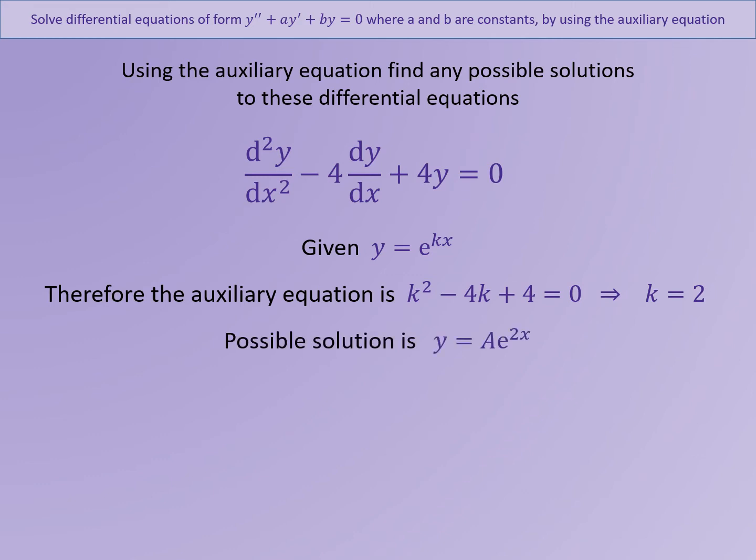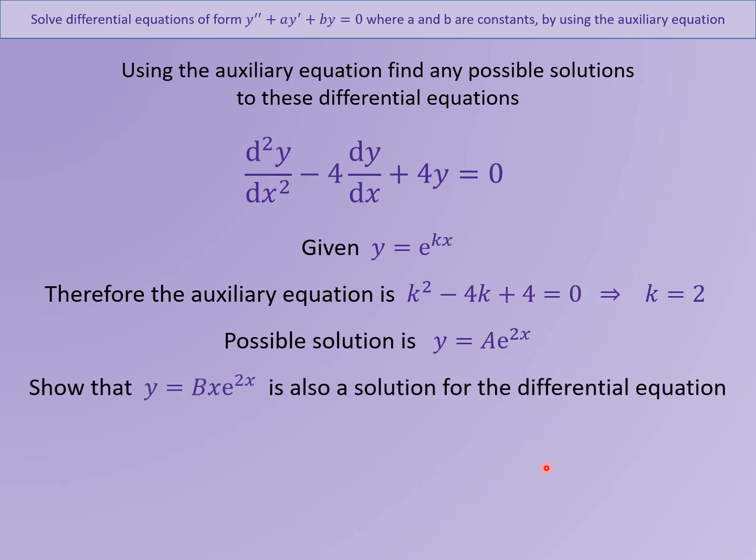But we've seen this hint before, that when we had a particular integral in a previous lesson that was very similar to the form of the general solution, we could do something. And you could do the same trick with this. Because we've got two equations which are pretty much the same, e to the 2x, we can manipulate the second one by having it as x e to the 2x.